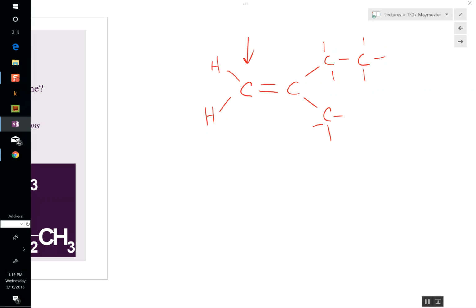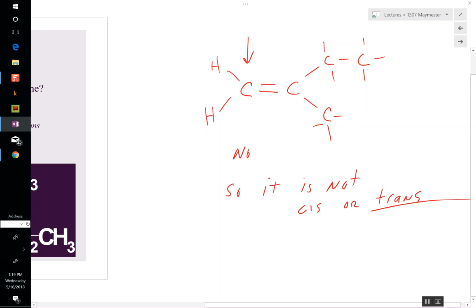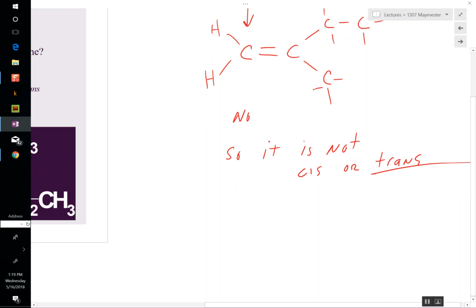No. No. So it is not cis or trans. Anytime either one of these carbons has 2 things that are the same on it, there's not going to be cis or trans.